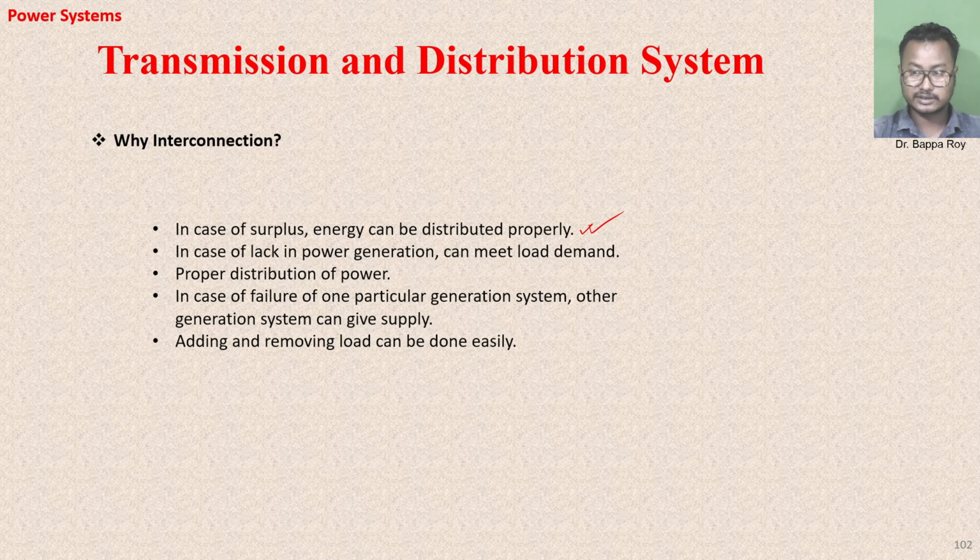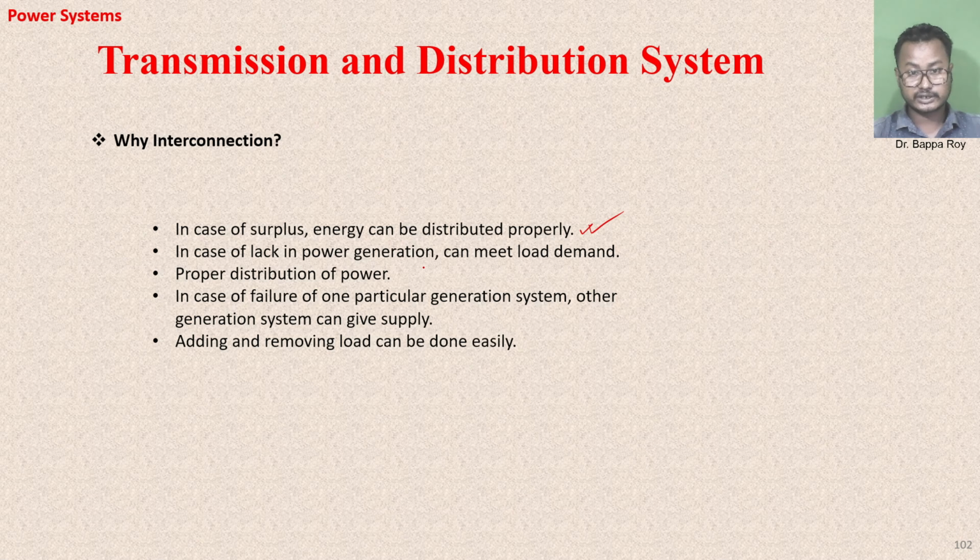Suppose at first the load was 5 megawatt, I'm just assuming, just giving an example. Then suddenly some equipment is turned off, and the load becomes 4 megawatt. So there is a surplus energy of 1 megawatt, and that surplus energy can be distributed to other consumers.